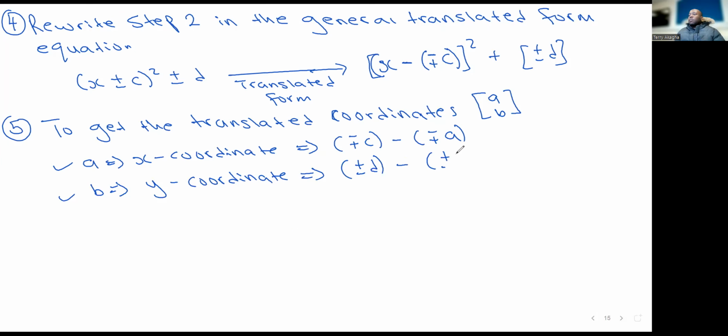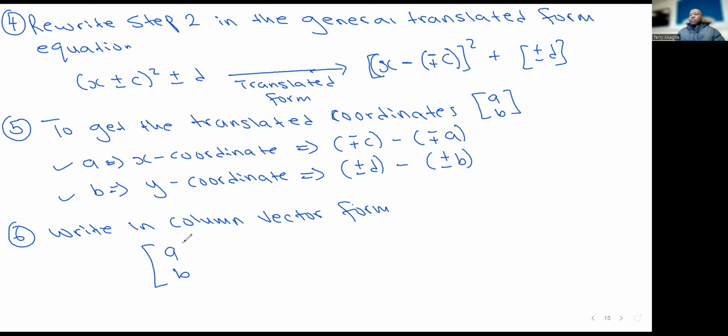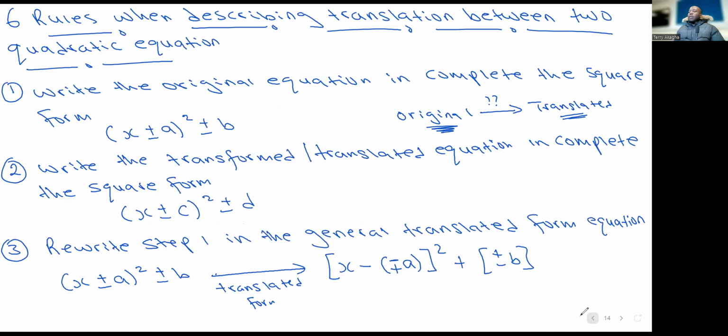B. Then when you've gotten the A and B, then step 6, you then write it. You now write in the column vector form. So it's going to be what? A, B.